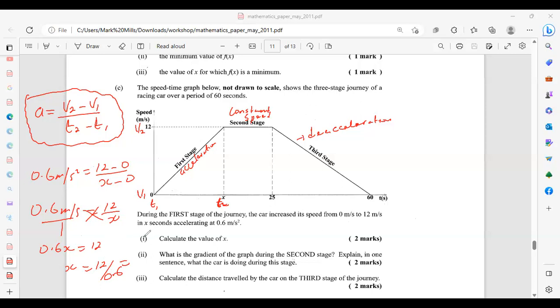So this will be 20 seconds. So x is equal to 20 seconds. So first of all, you have to establish the formula for acceleration: V2 minus V1 over T2 minus T1. We substitute the values of V1, V2, and the acceleration that was given. When we work it out, we get 20 seconds.